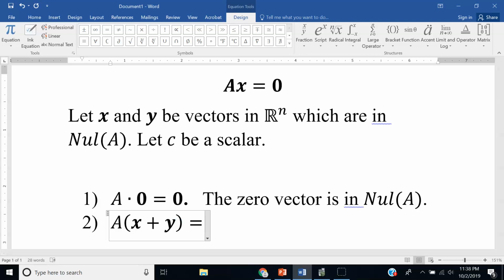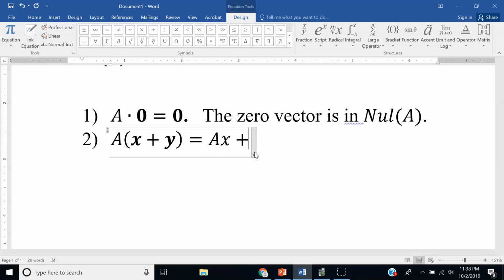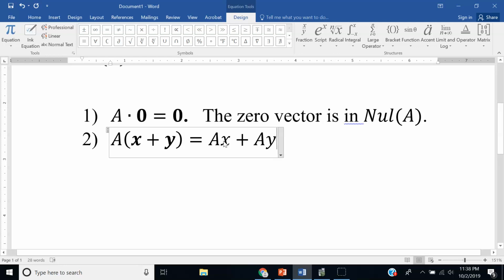Because of the properties of matrix multiplication, I can distribute the matrix to be multiplied times x and to be multiplied times y.